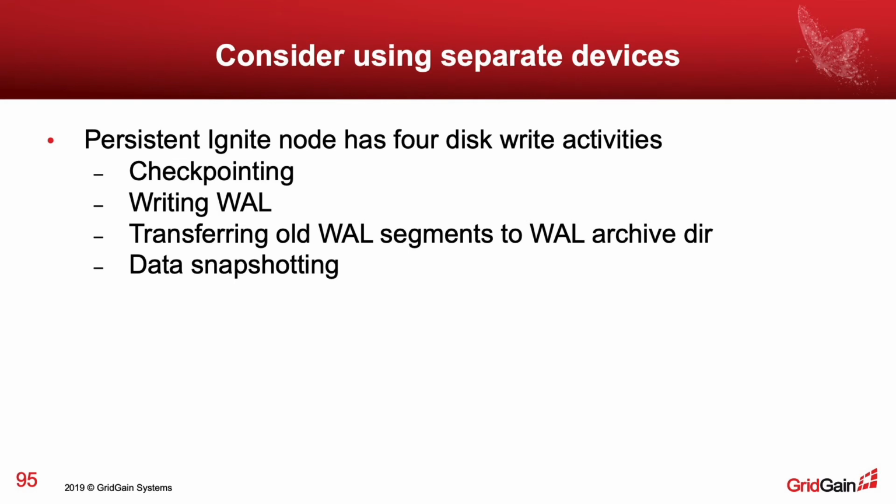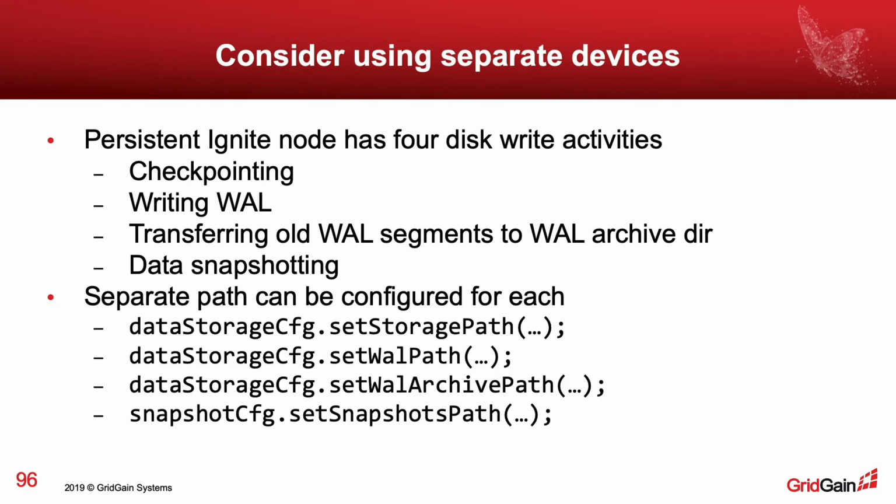You can optimize it by specifying different paths in the configuration for each of these activities. If the paths you have specified are mapped to separate physical devices, there will be no competition anymore. Every activity will write to its own hard disk drive, and the overall throughput of your system will be better.